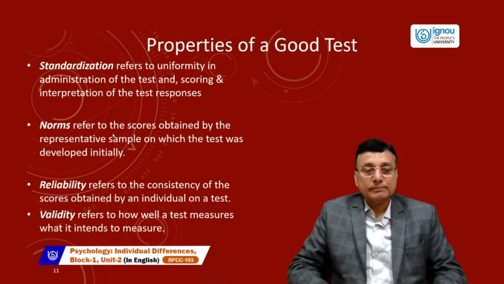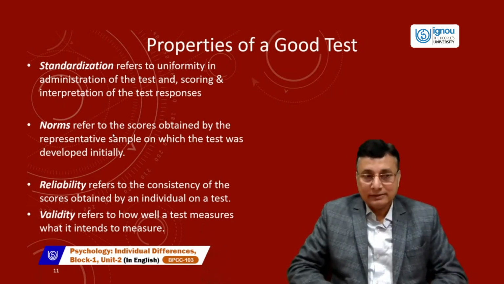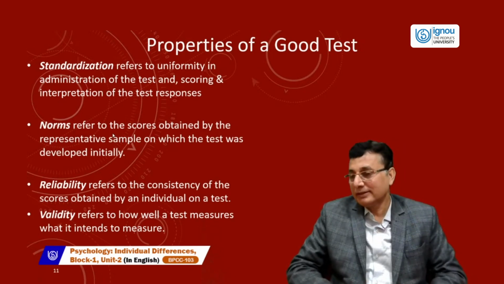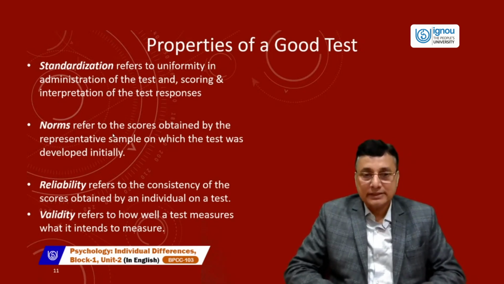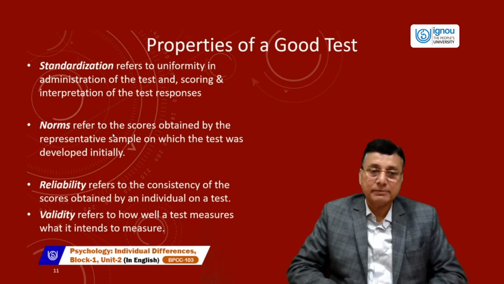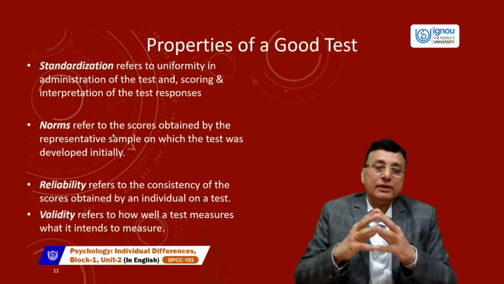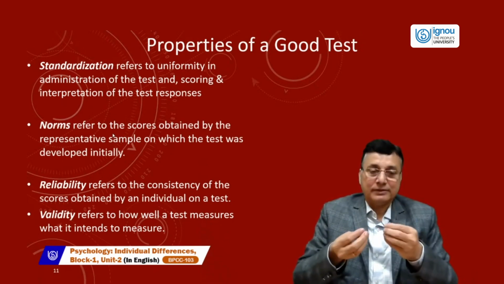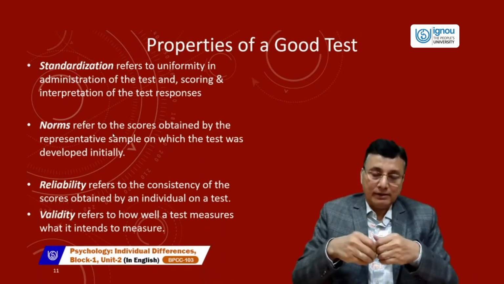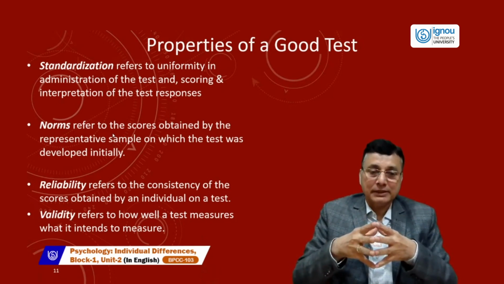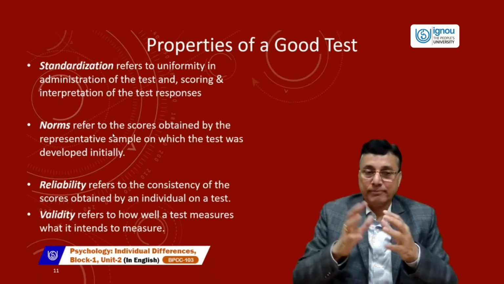Then reliability. You all know that without a reliable test, it is not useful. Reliability refers to the consistency of the scores obtained by an individual on a test. It means if you use this test on a person today and after some time, for example, after 2 or 3 months, the score should be the same.